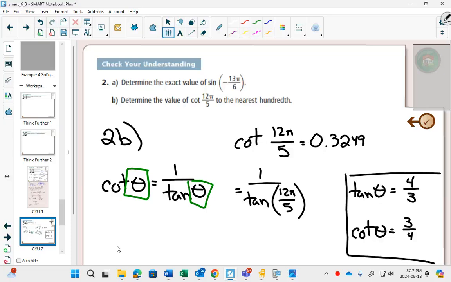This one also says to round to the nearest hundredth. And I wrote 4 decimal places on purpose. Can you see to the nearest hundredth that it's 0.32? If you have 0.31, then something went wrong with how we typed it in. I will come have a look. Okay.